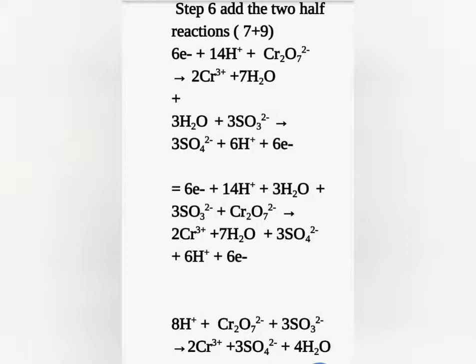So the total equation is 8H+ plus Cr2O7 2- plus 3SO3 2- gives 2Cr3+ plus 3SO4 2- plus 4H2O. The presence of H+ indicates that the reaction is taking place in acidic medium.